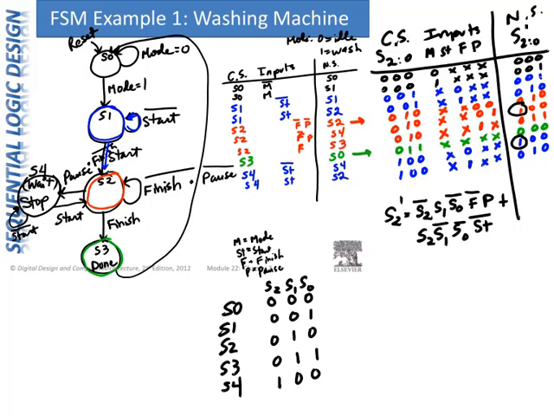Now we're going to write our next state equation for the next state bit, S1 prime. Well, now we have ones in 4 conditions.